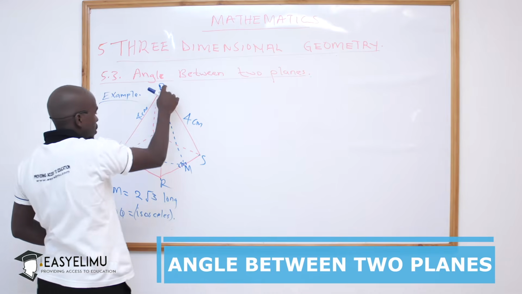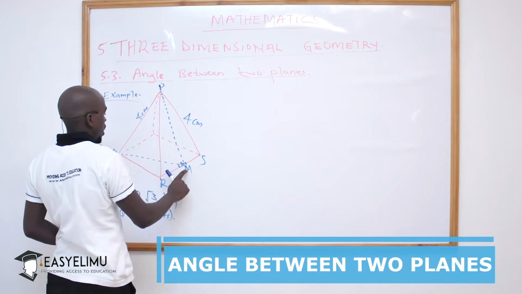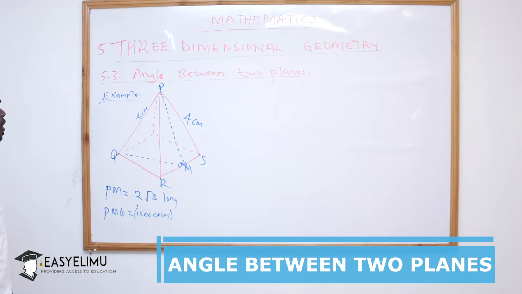Triangle PMQ, this triangle, the other triangle, is isosceles. That is what we are required to show here.